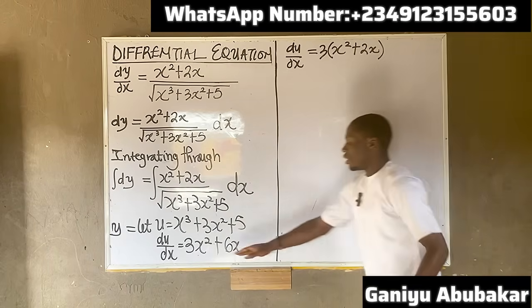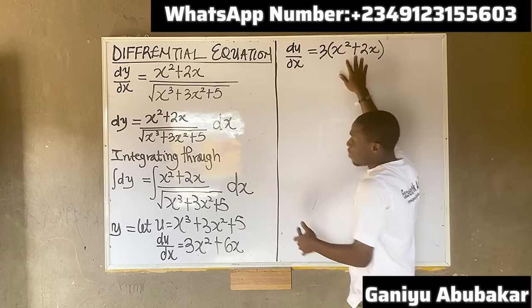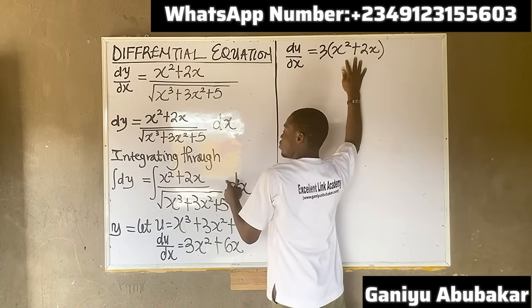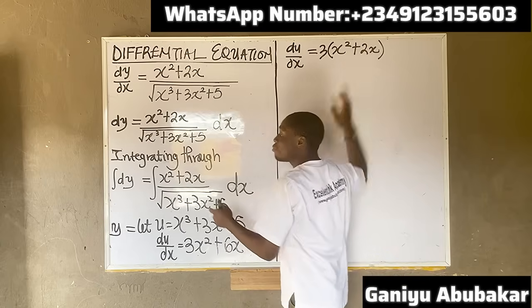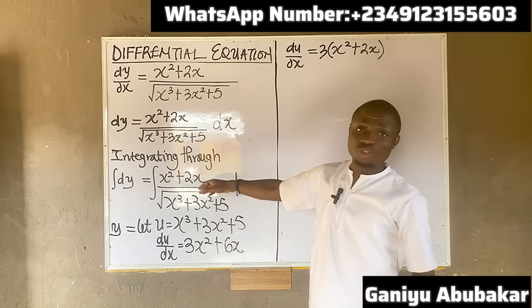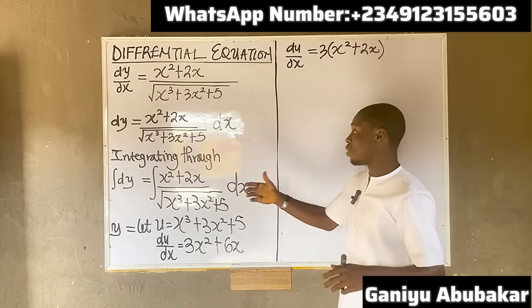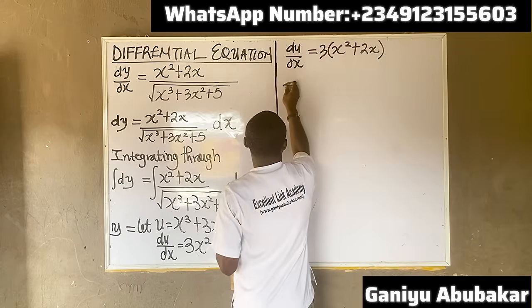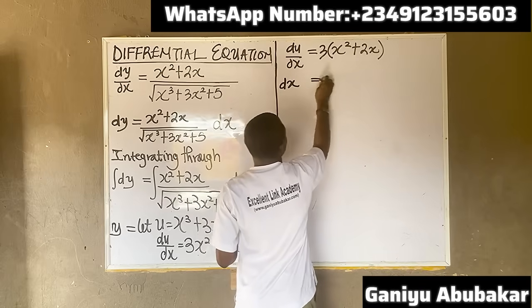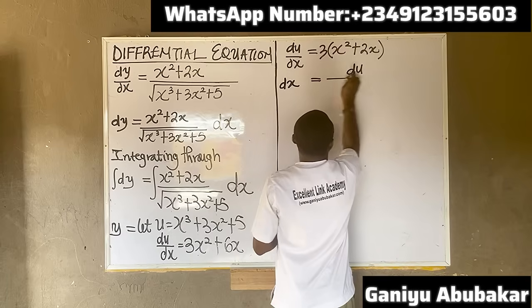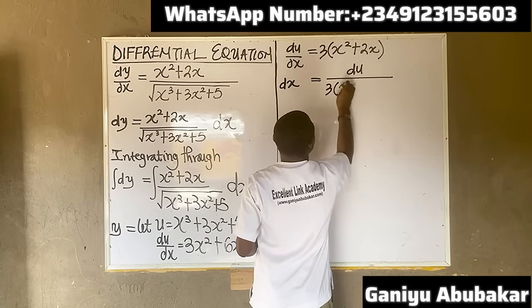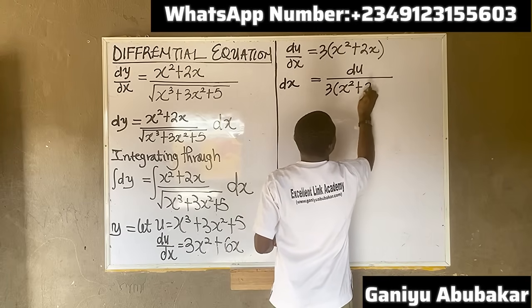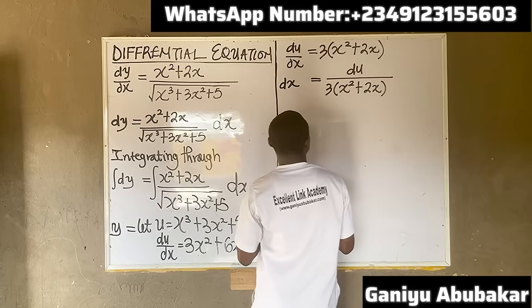Why I did it this way is so that what I'm having in the numerator here can cancel out. So I express this in terms of what I'm having in the numerator so they can eliminate each other. That's why I did it this way. So from here now, I'll make dx the subject. So from here, dx is equal to du all over 3 into x squared plus 2x.